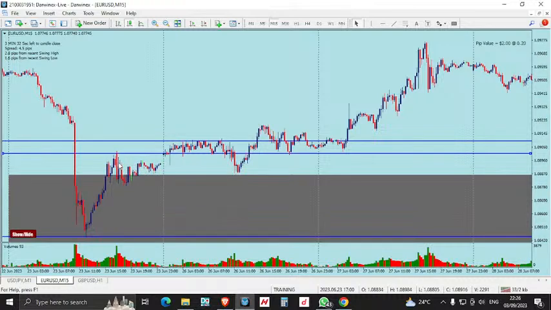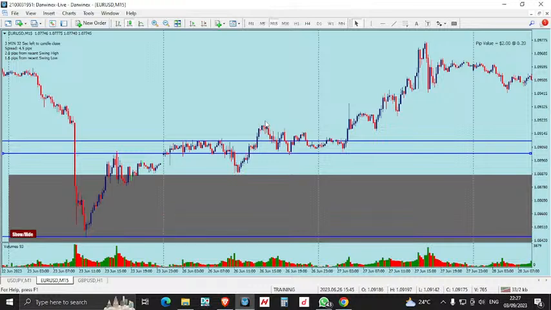So we are now waiting for an opportunity to trade. Then there's a pullback here. Immediately we see this pullback, we wait again, let this recent high be broken. Then there was a break of the recent high. So from this time around, we look for an opportunity to buy.